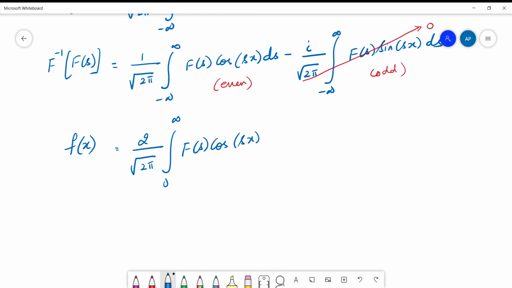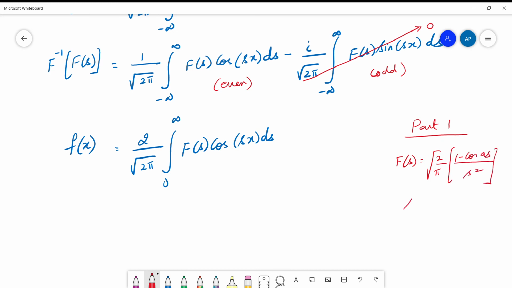Now time has come to decide about substitution. What is f of s? What are the limits for s? So if you note from part 1, what did you get f of s to be? It was nothing but root of 2 by pi into 1 minus cos as divided by s square. This is what you got. What are the limits of s? Always they are from minus infinity to infinity. But what is our lower limit?